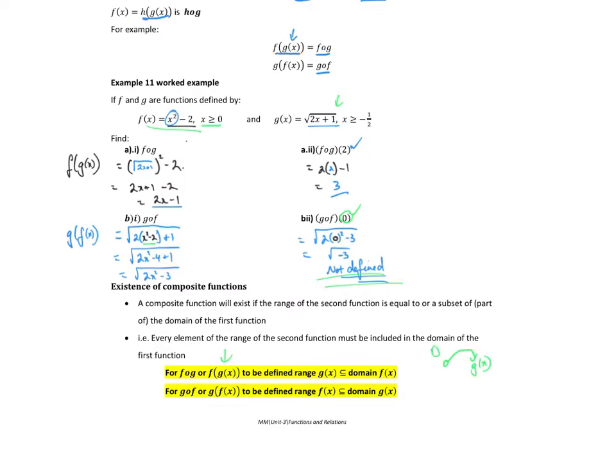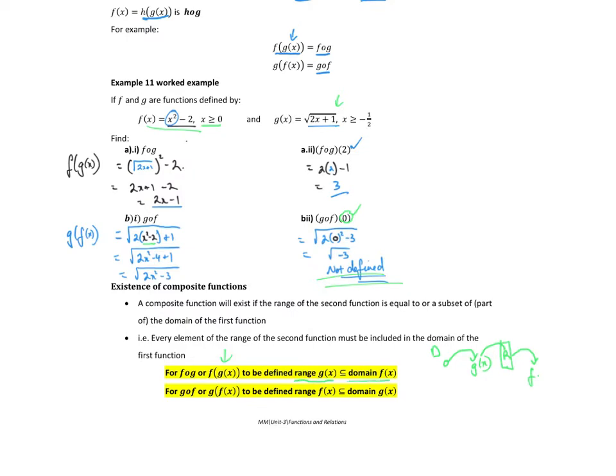So there's the domain of g. It generates a range value, and then I substitute that range value into f. That means that the range values that g provides have to be inside the domain of f, which is this statement here: the range of g of x has to be a subset of the domain of f.